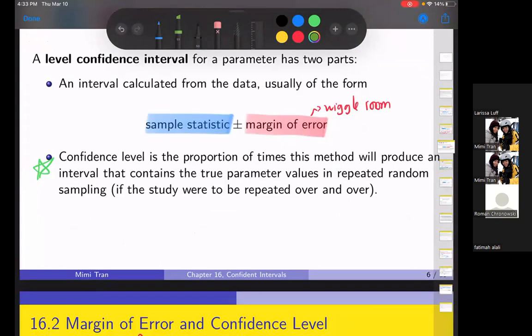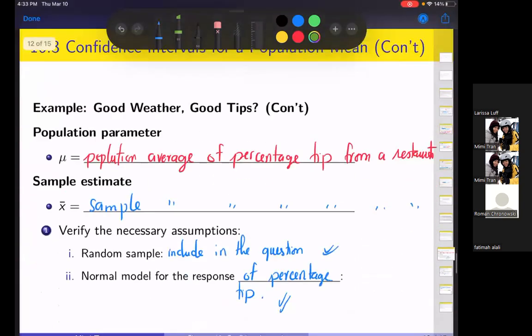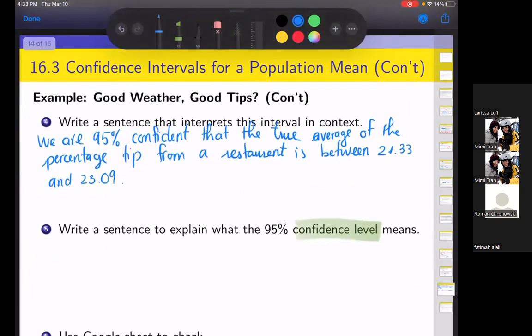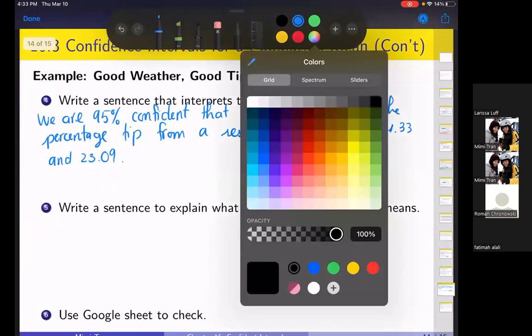Okay? So let me give you the interpretation in context for this problem. I'm going to use blue, green.